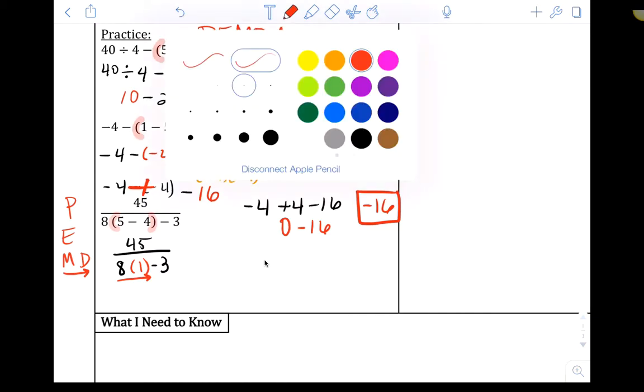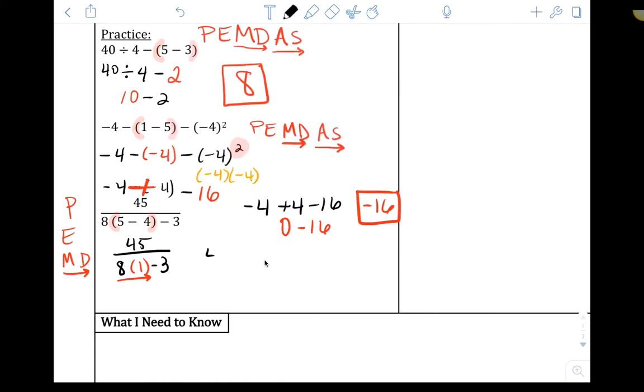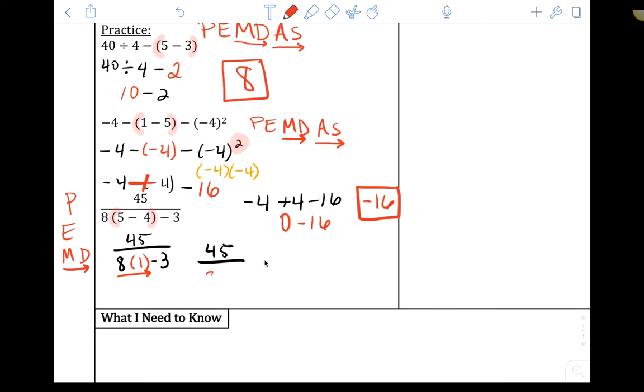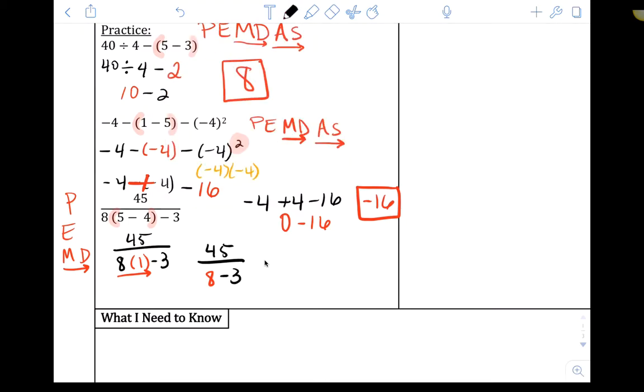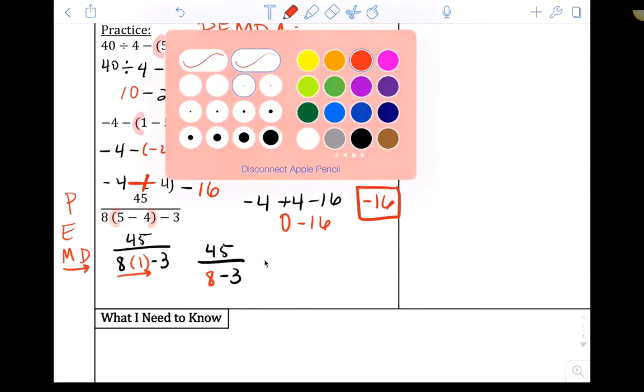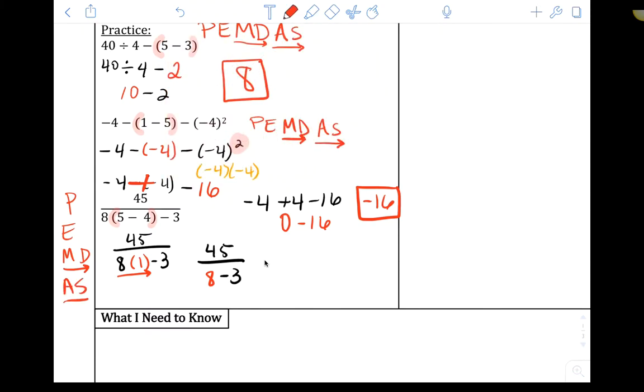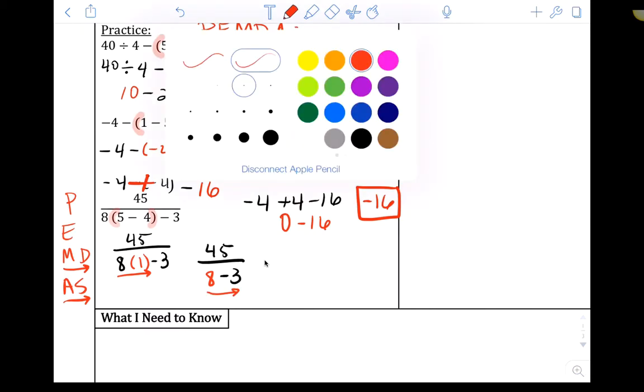So I'll leave the 45 on top over, did I say 8 minus 1? I meant 8 times 1. 8 times 1 is 8. Then I'll say minus 3. And then in PEMDAS, I've got the adding and subtracting that I have to take care of next. So right here, this 8 minus 3, I'll go ahead and simplify that.